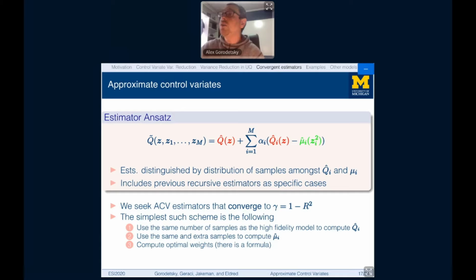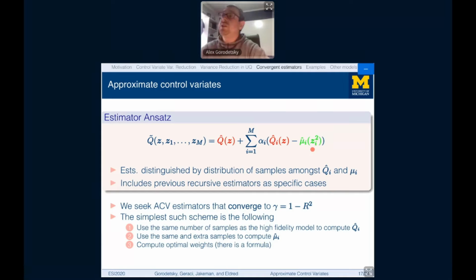And then all the rest of the samples go to mu_i. There are many ways to do this, but that's the simplest way. You take Q_i hat, you evaluate at the exact same samples as Q hat, and all of the rest of the samples you use for mu_i hat.